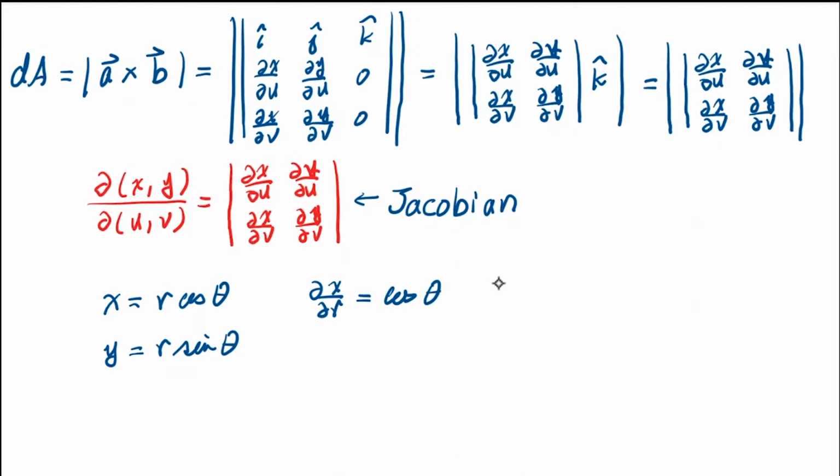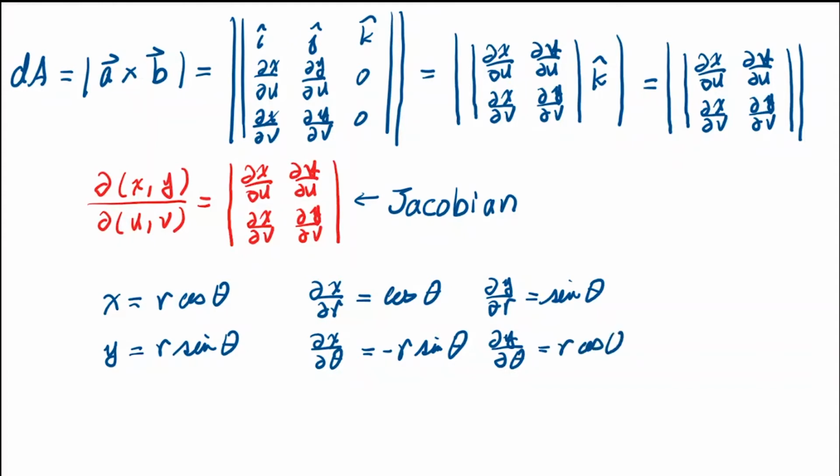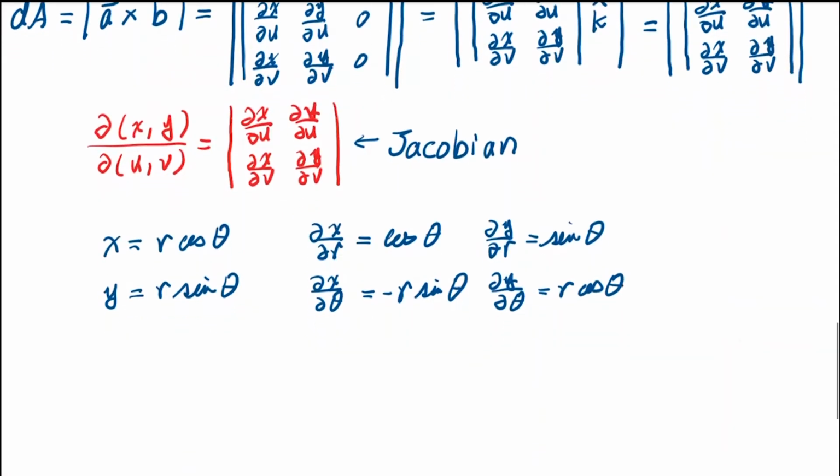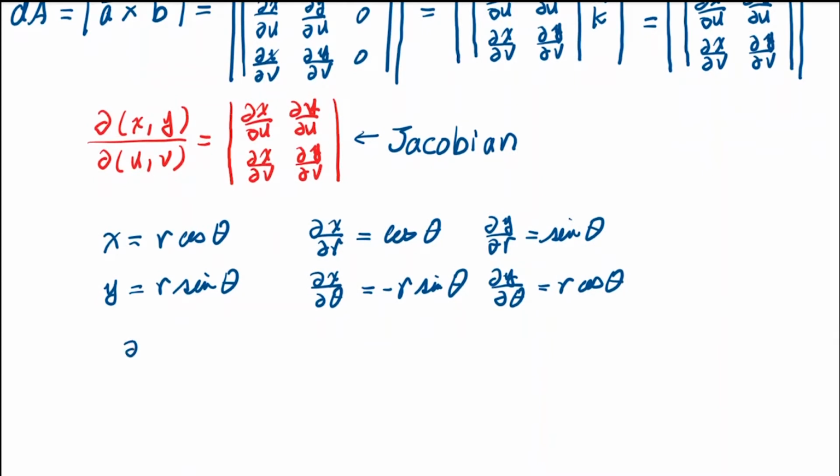And then partial y over partial r gives you sine theta, correct? And I always format it this way so that I can take a determinant without rewriting it. Partial x, partial theta is negative r sine theta. Good. And then partial y over partial theta is r cosine theta. Good. So what is the determinant of that, or the Jacobian?